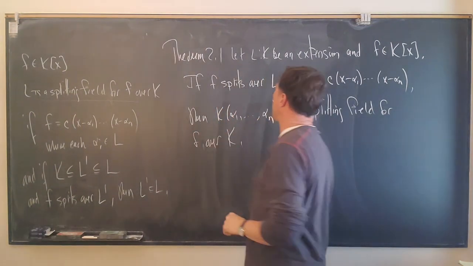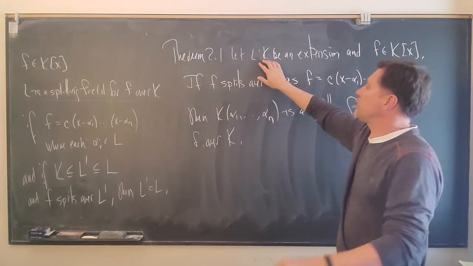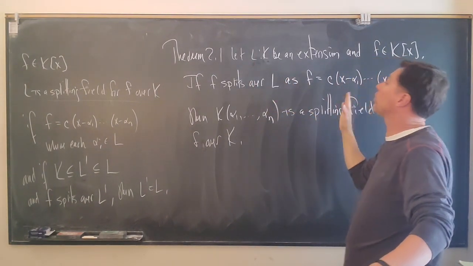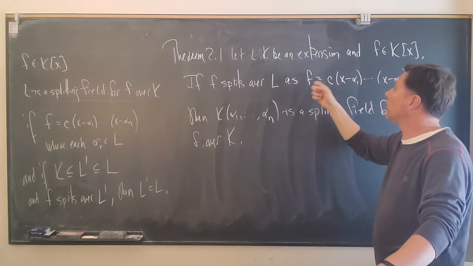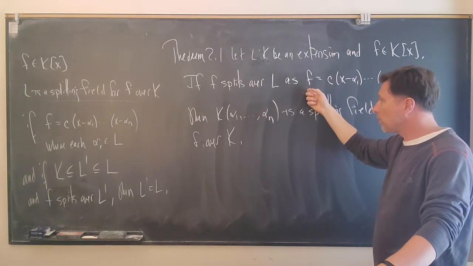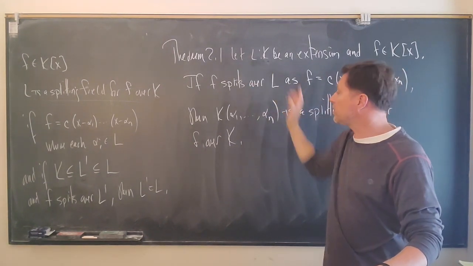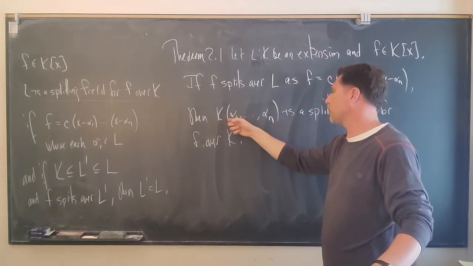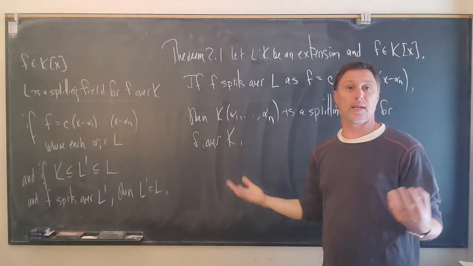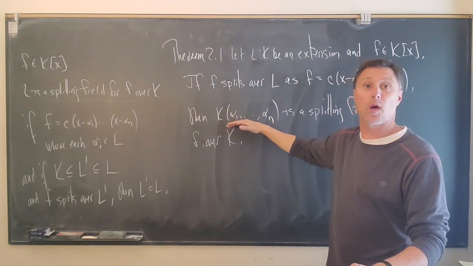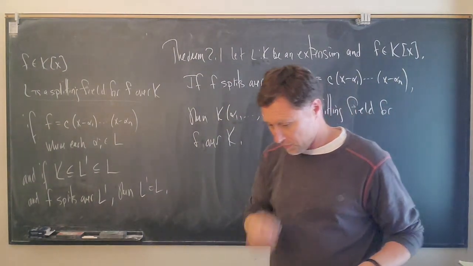What this is saying is, if you have an extension L over k, and L contains all the roots of the polynomial f, then you don't necessarily need all of L. All you need to do is take k and adjoin the roots, and that's clearly a place where the polynomial splits, and it actually turns out to be the smallest place where the polynomial splits.